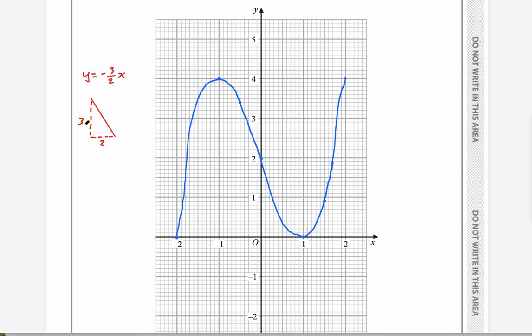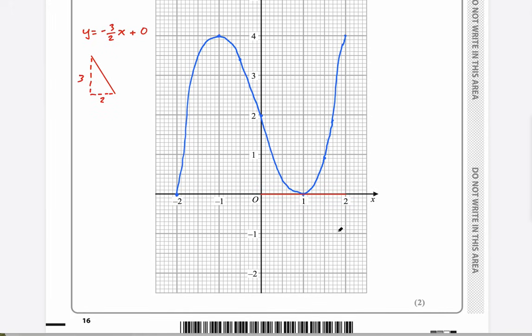If I start here, because the y-intercept is 0, it's mx plus 0, I'm going to go across 2 and down 3, like that. Or if you prefer, I don't have the 3, but look, I have 1, 2, 1, 2, 3, so it's like this, there.